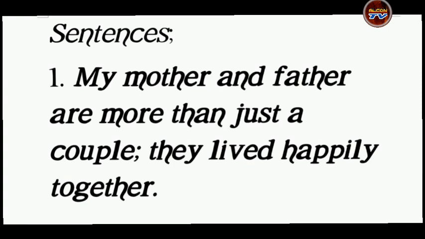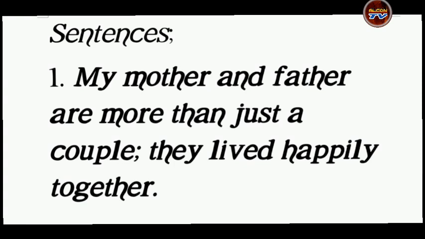Now, if you observe in this sentence, we have quite a number of words with the sound the. Mother, for example, father, than, they, and together. This is beautiful. Let's take the sentence again. My mother and father are more than just a couple. They lived happily together. You can do it faster.